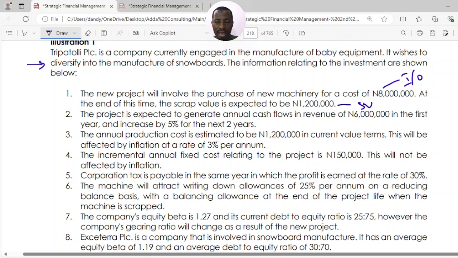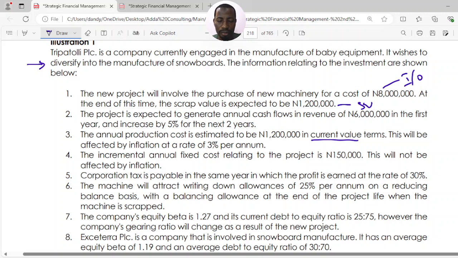This will be affected by inflation at the rate of 3% per annum. Remember what I explained to you when we were discussing capital budgeting, net present value, relevant cash flows and inflation: when cash flows are stated in current value terms, inflation should start from year one. You can see that the revenue is given in first year terms, so you should know what to do.